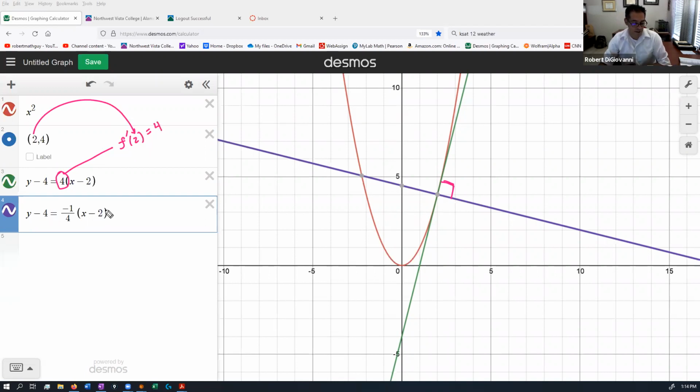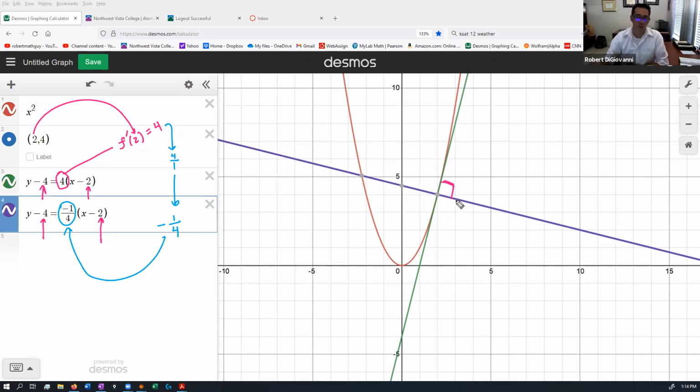Now, I graphed the same line, same y1, same x1. The only thing I changed was the slope out front. I took this number, looked at it as 4/1. Then to find the perpendicular, I flipped it over and changed it from positive to negative. I made that my slope and graphed that line, and then I get the normal line.